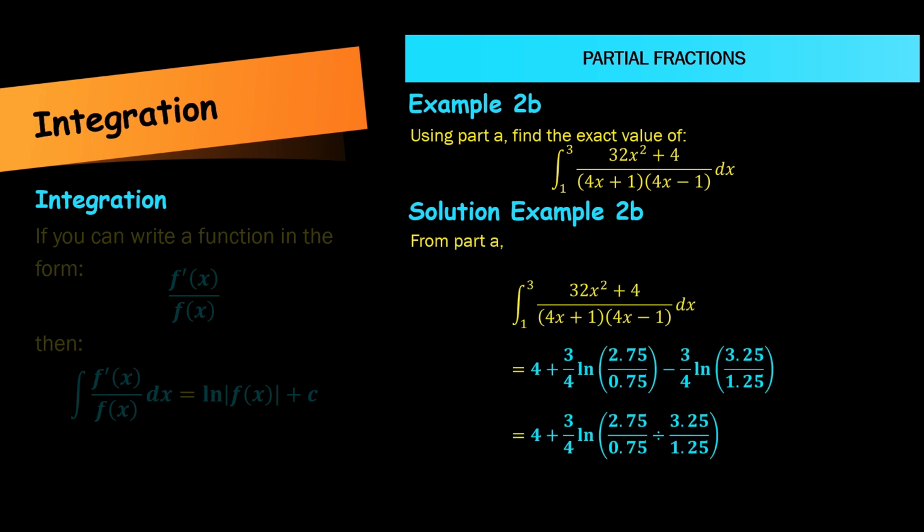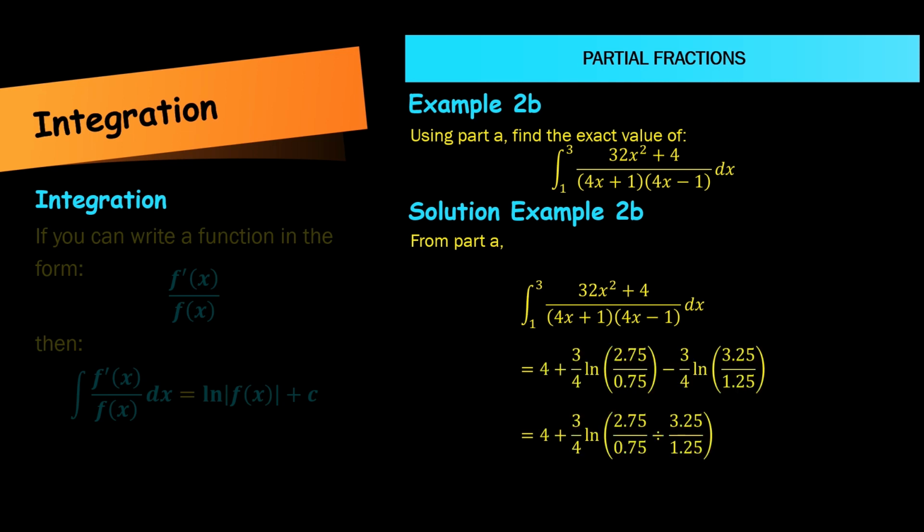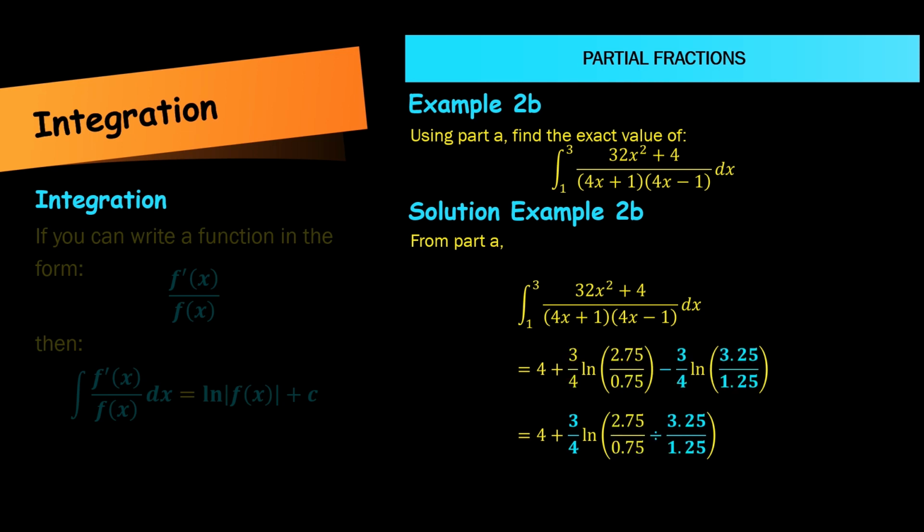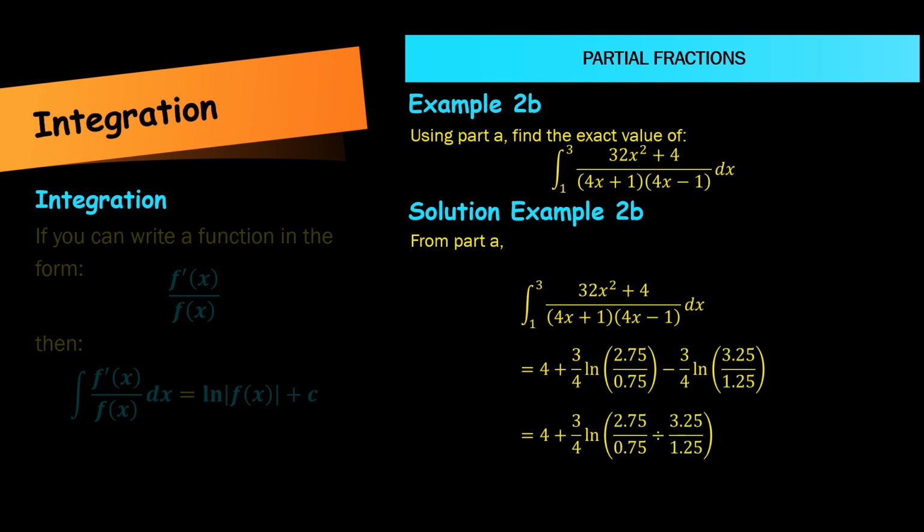This expression can now be simplified as shown here, and finally simplified further to give 4 plus 3 over 4 ln of 55 over 39.